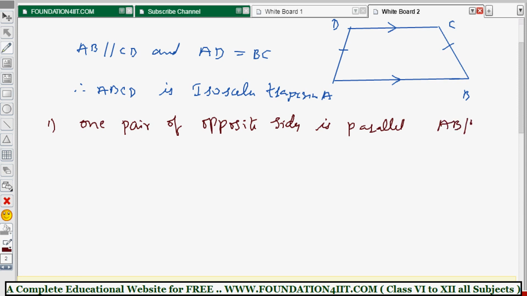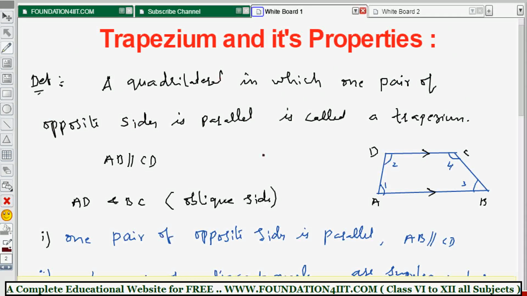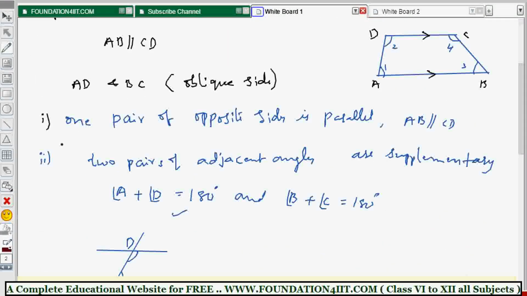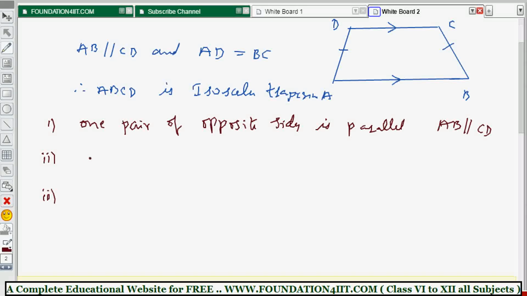Here AB is parallel to CD, and two pairs of adjacent angles forming interior angles are supplementary, same as the second property. And the third one: angles on the same base are equal. The first and second properties are the same, so directly I am writing the third one. Angles on the same base are equal.